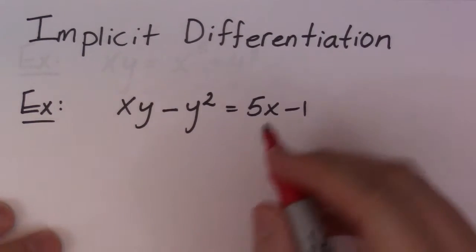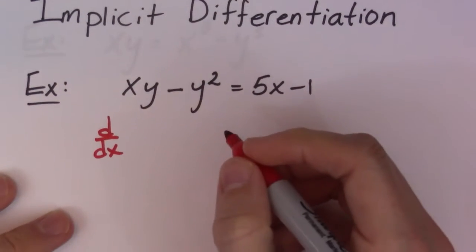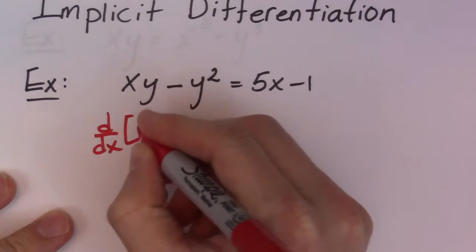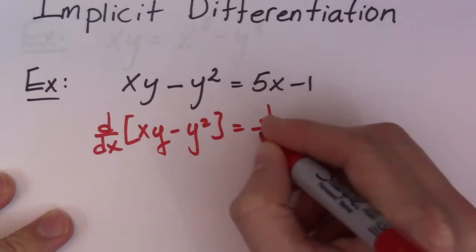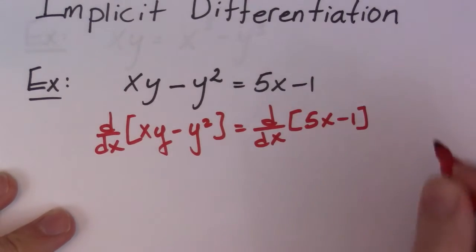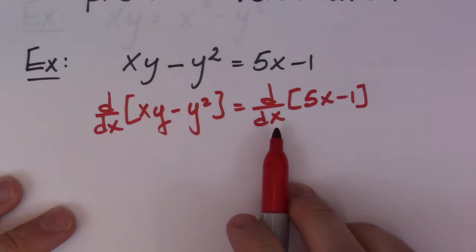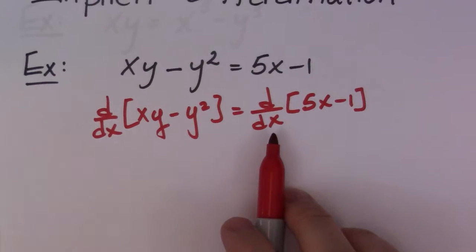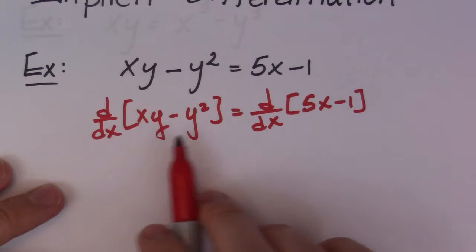The first thing I usually do is rewrite the question I get from my teacher. If I'm doing it in class with my students, I show them that I'm taking the derivative of this with respect to x. That's really important, so that's why I show this step. The next step is to actually take the derivative.